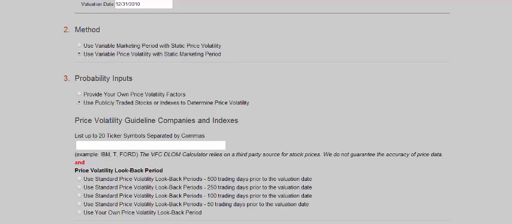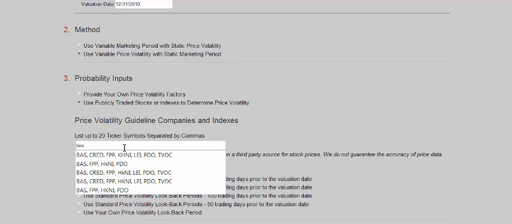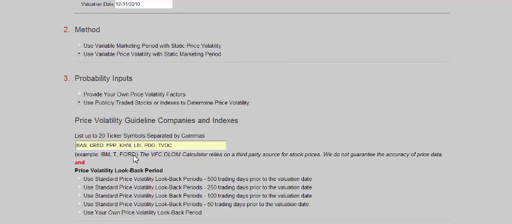For this example, however, I will enter the ticker symbols of several oil and gas exploration companies, in this instance, BAS, CRED, FPP, KHNI, LEI, PDO, and VOC. Be sure to separate the ticker symbols with commas.